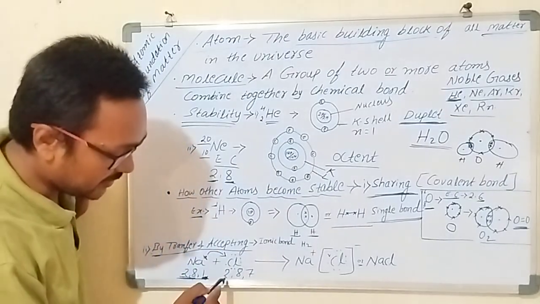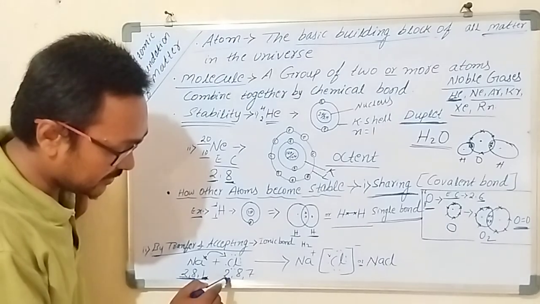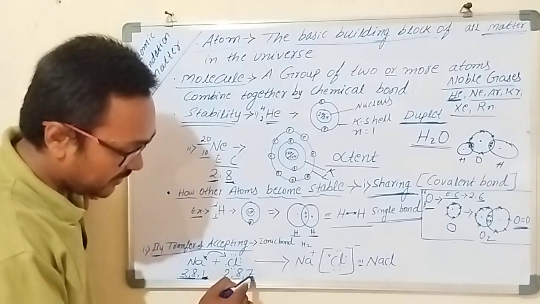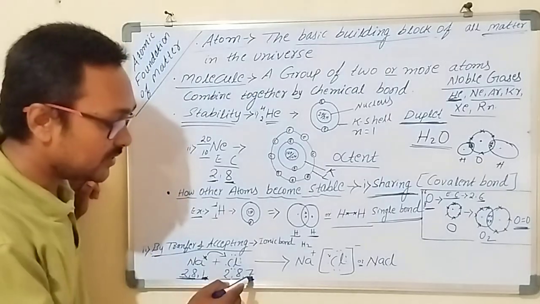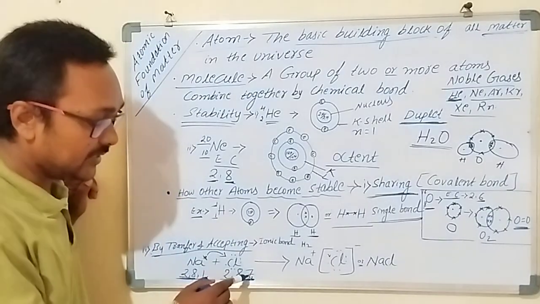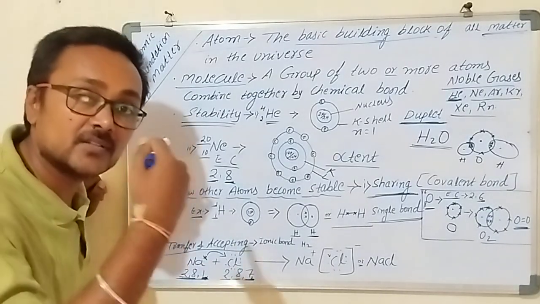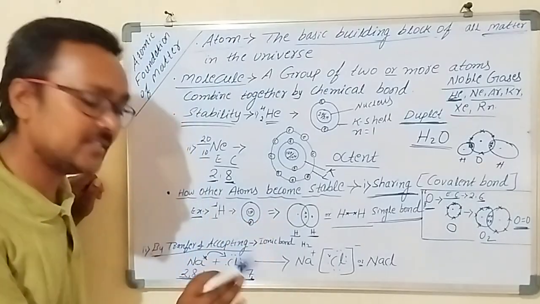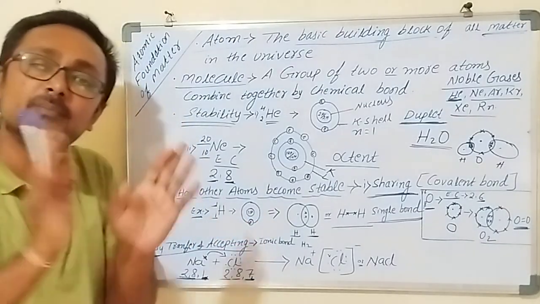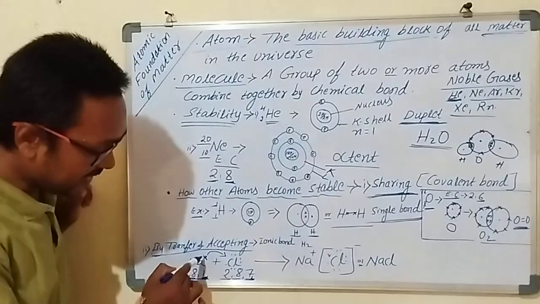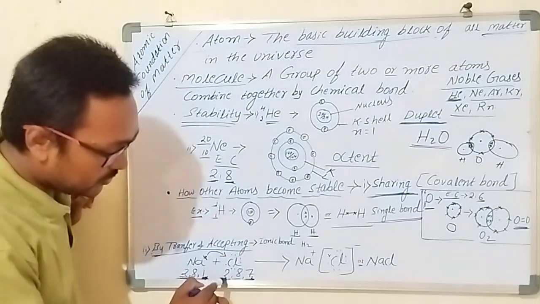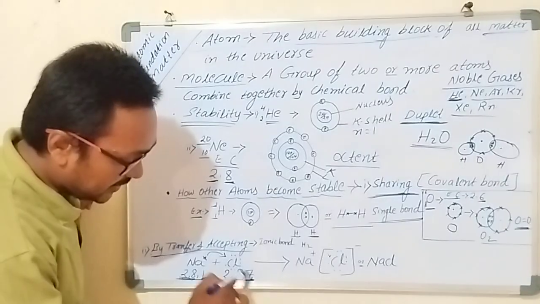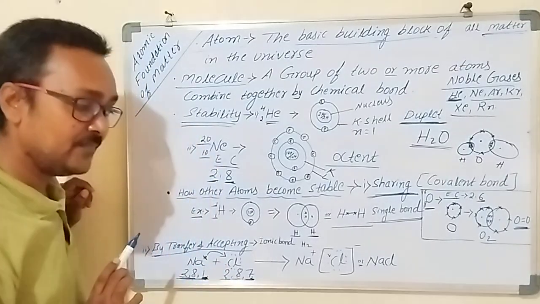Now chlorine's electronic configuration is 2, 8, 7, which means 7 is the valence electron, in the last orbital. These only are involved. Instead of transferring 7 electrons, it is very easy for chlorine to gain 1 electron to become stable. So that's why it is taking 1 electron from the sodium and it becomes 2, 8, 8.